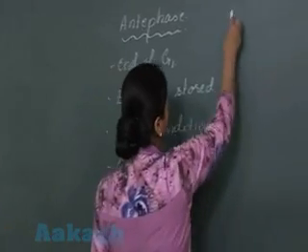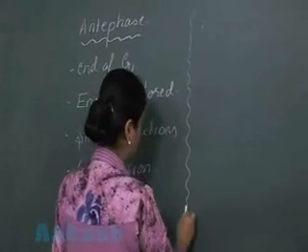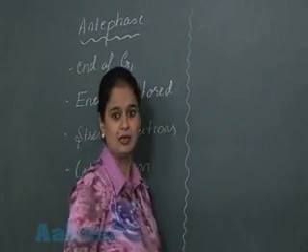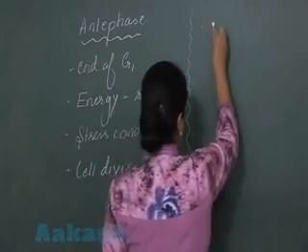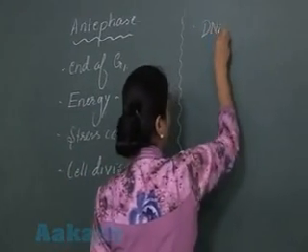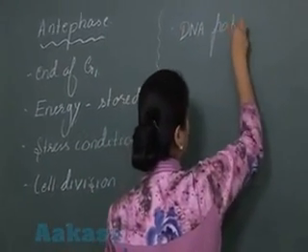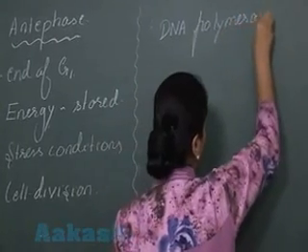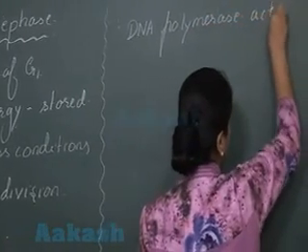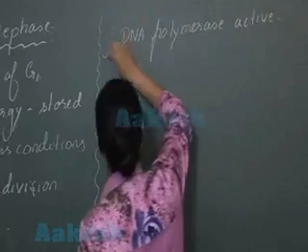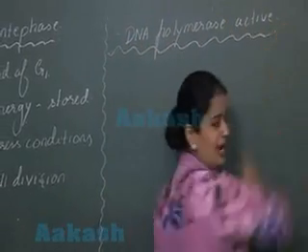Now after the antiphase, here I would like to ask few questions। So can you tell me वो ऐसी कौन सी फेज है जहां पर DNA पॉलीमरेज एंजाइम एक्टिव होगा? Which phase the DNA polymerase enzyme is active?